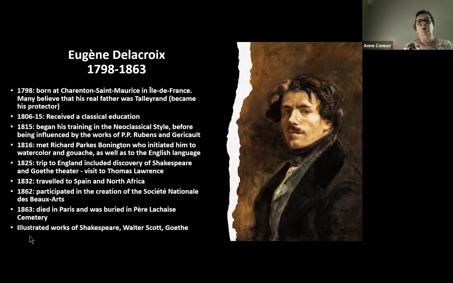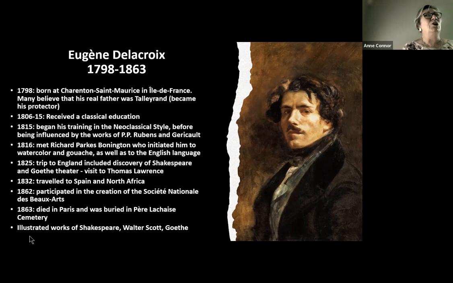So he was born in the north of France. So imagine the light, it's cloudy, it's a very different light than what he would discover in North Africa. What is interesting, many believe that his real father was Talleyrand. And Talleyrand was a very important political figure in that time, very influential.